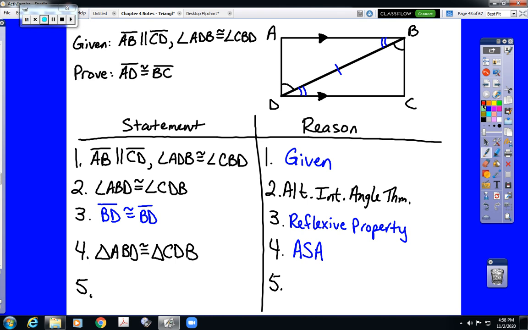So we have enough information now to finish this proof and say that AD must be congruent to BC because AD is the first and last letters, BC are the first and last letters, which means that these have to be congruent because corresponding parts of congruent triangles are congruent. So that is how we use CPCTC in a proof.